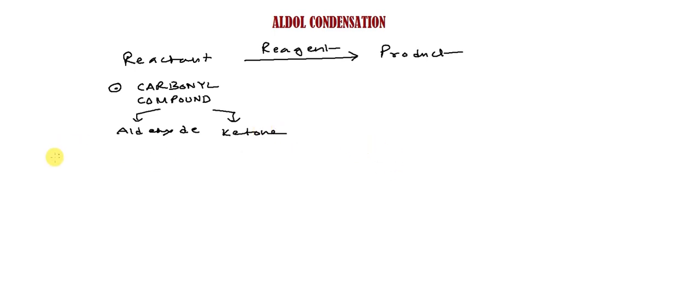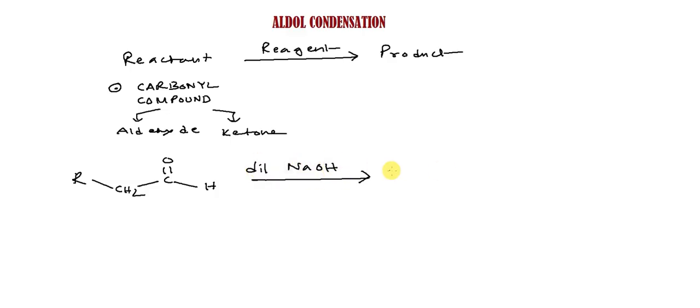So we will take a general aldehyde molecule. Let's take this molecule, CH2, then C double bond OH. So this is an aldehyde. Now the reagent that will be required for this reaction will be dilute alkali base, that is dilute NaOH, and the final product that we will get is this.